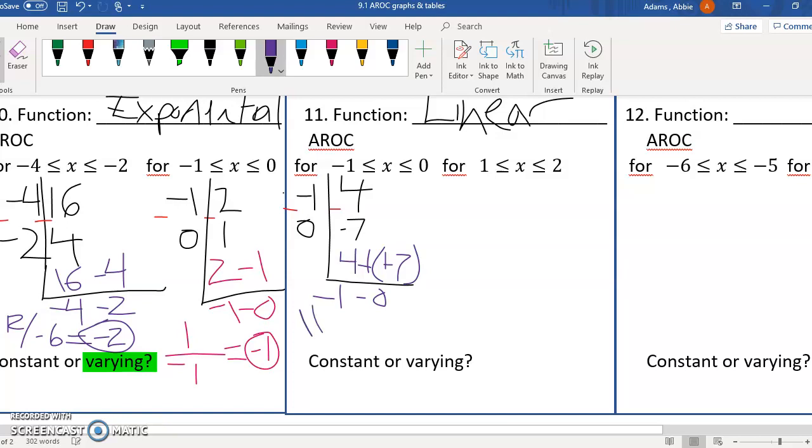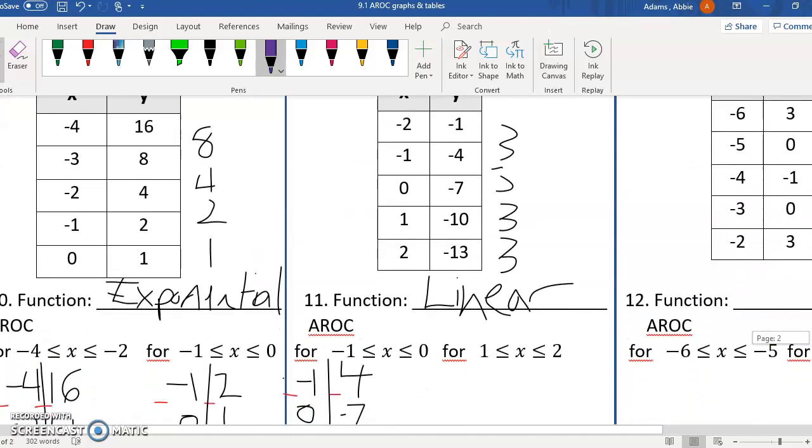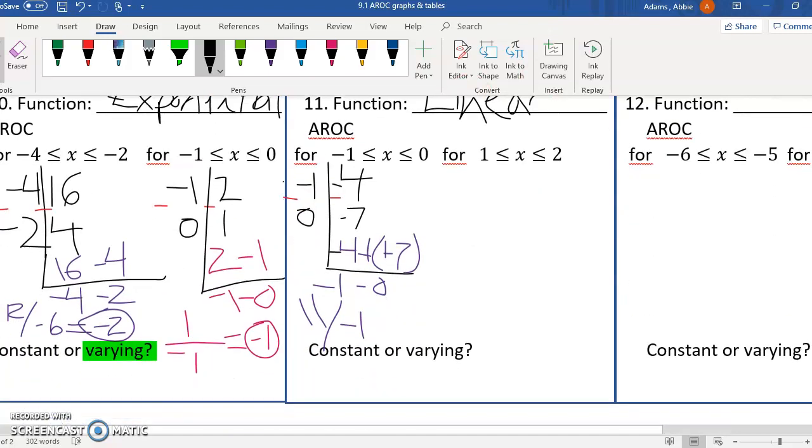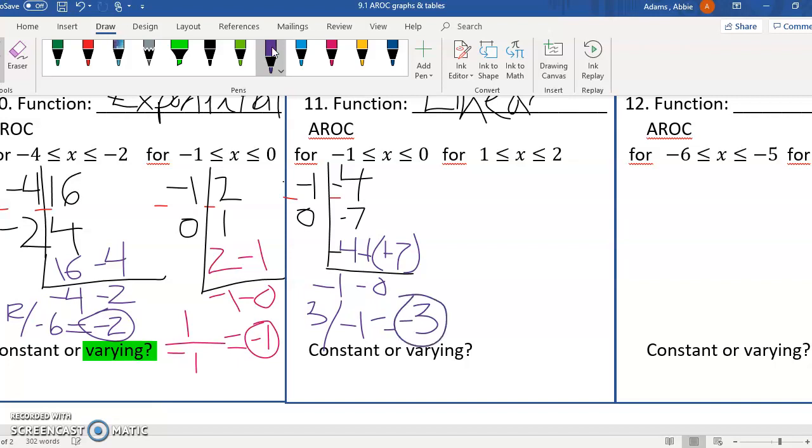So that's going to give me 11 divided by -1. Excuse me, it should be -4. I apologize there, guys. So -4 plus 7, that should give us 3. That makes more sense. And -1 on bottom. 3 divided by -1 is -3 for that average rate of change.